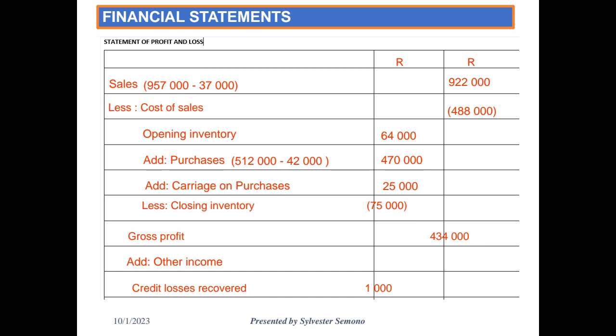So how much is the total of other incomes? Let me calculate. Just look at my screen, you'll see how much is the total income. If you add all your incomes, how much are your incomes now? How many incomes did you find? 1. If you add them together, how much is the total?